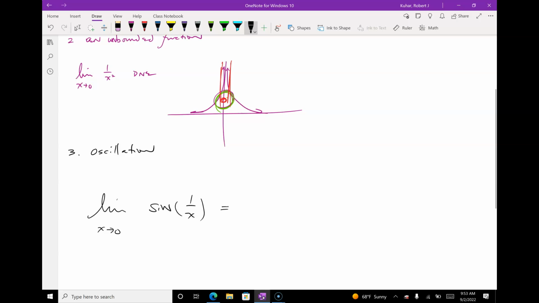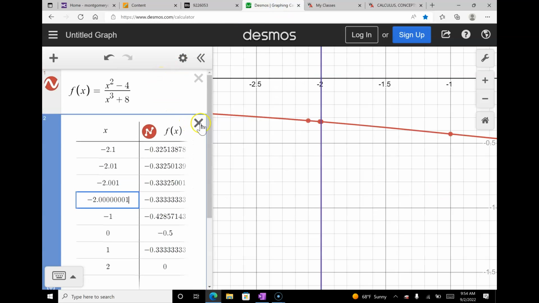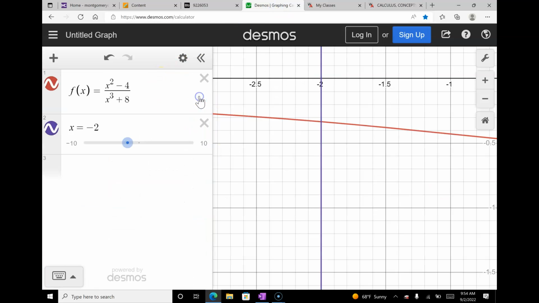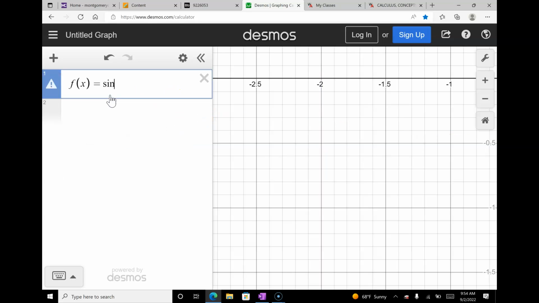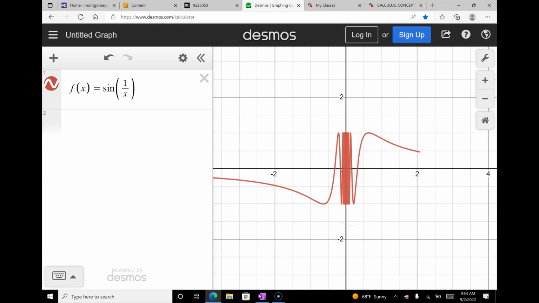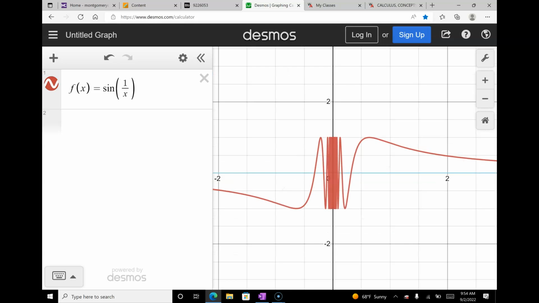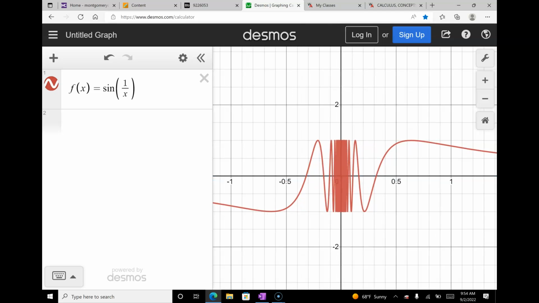On Desmos, this is really easy to see. On a calculator, it's not so easy. So I just want to graph sine of 1 over x. And so I am expanding, just dragging that way, but look how dense it is inside.